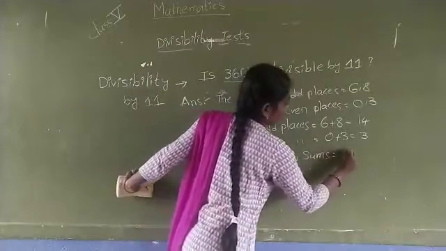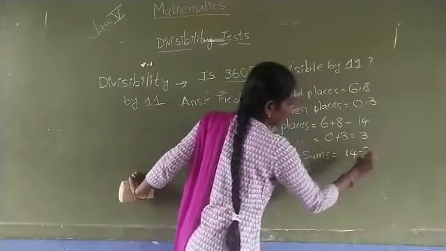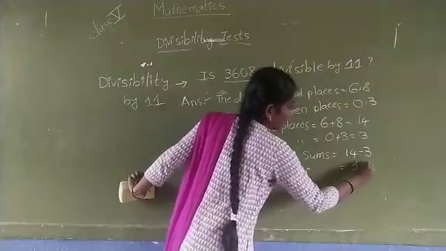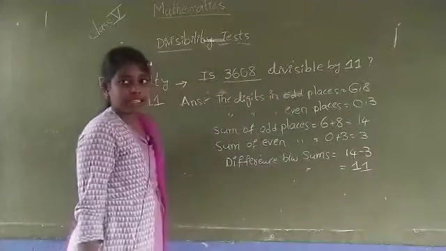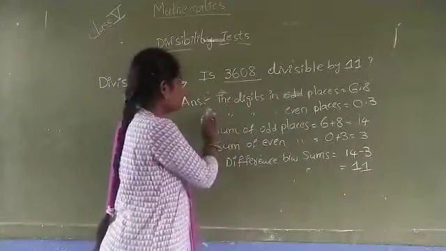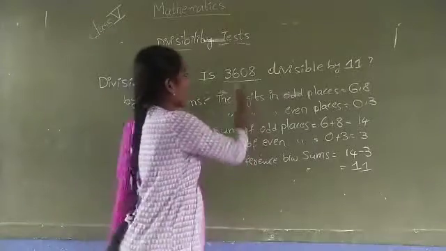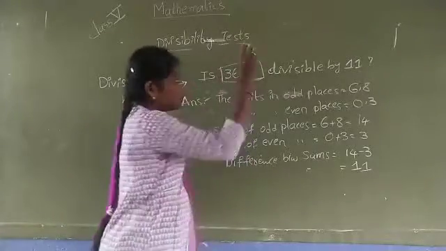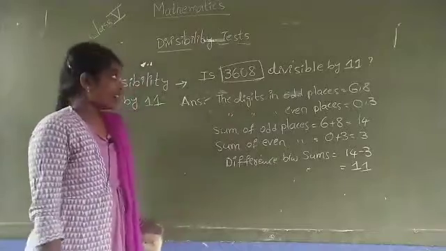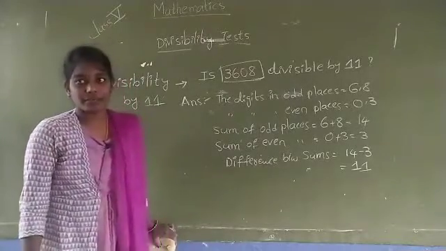Difference between sums, that is 14 minus 3, 11. This 11 is divisible by 11. So this number is divisible by 11. This is the divisibility test of 11.